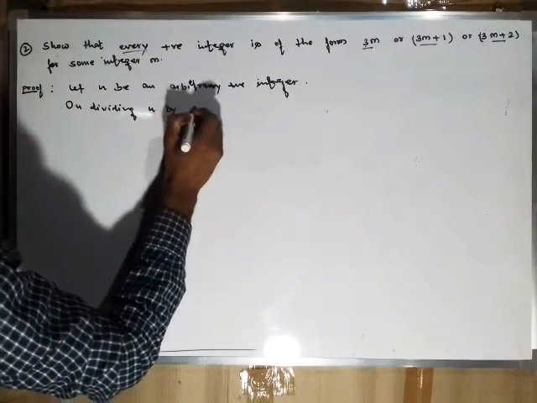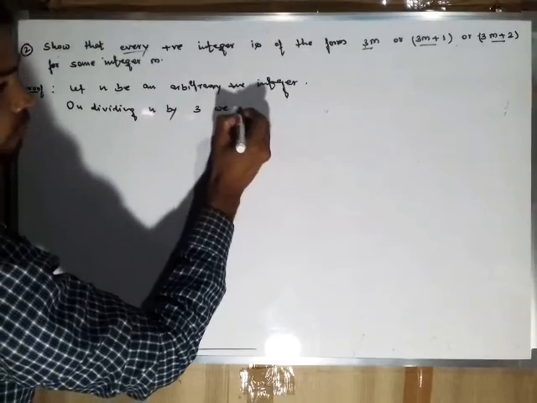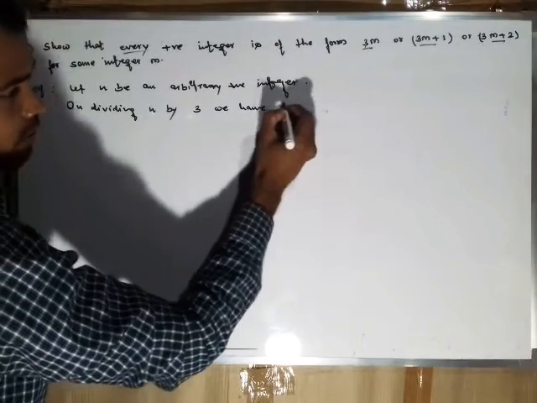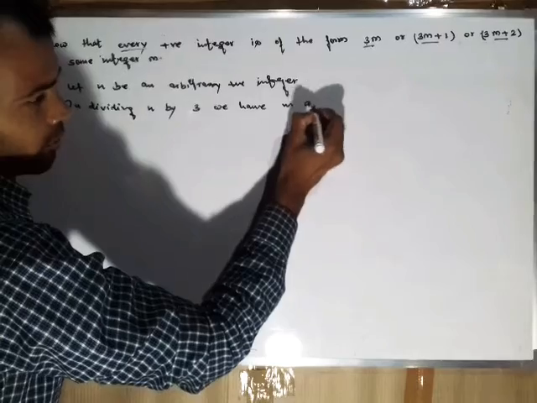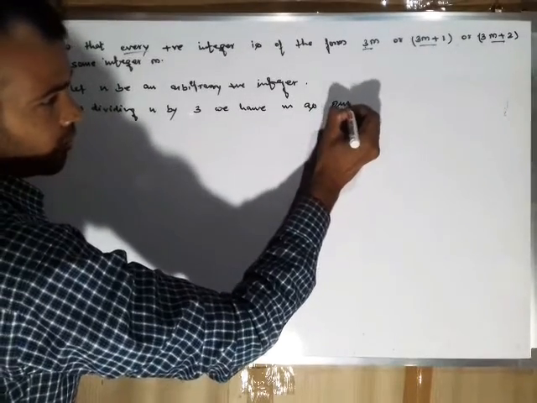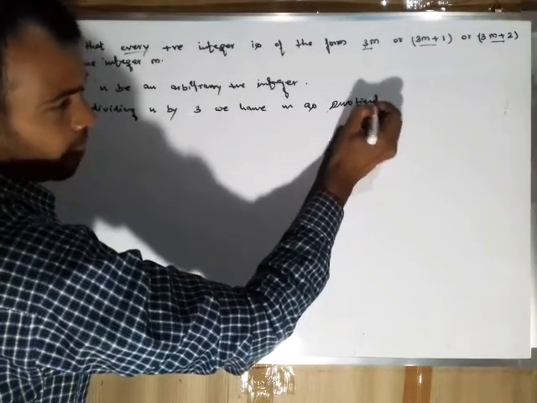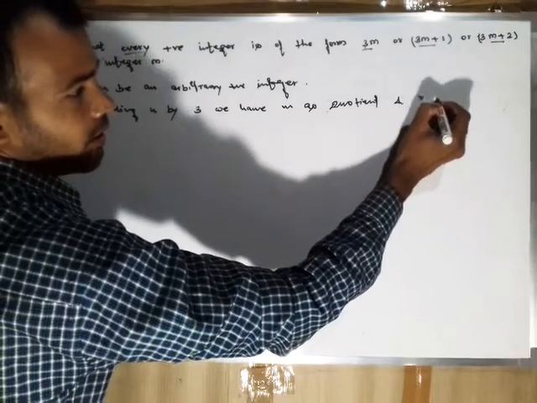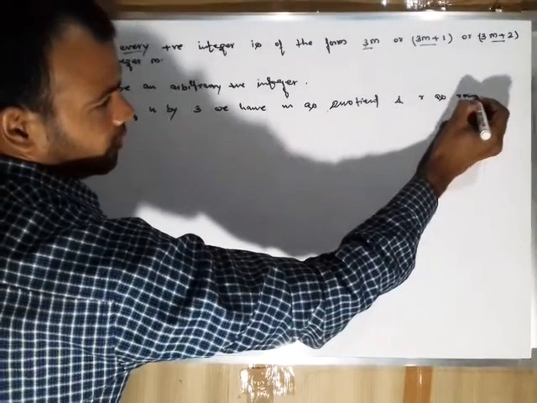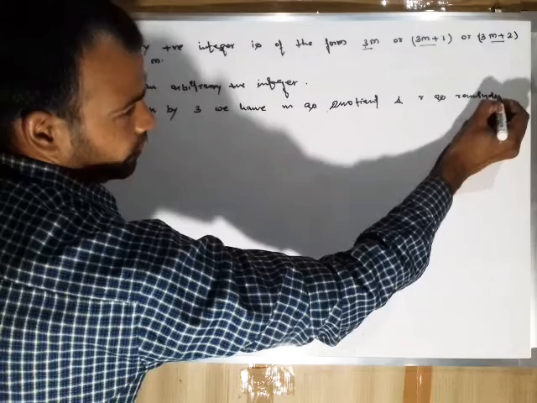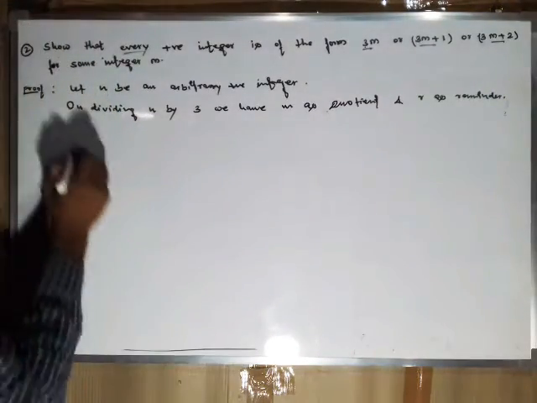Clear? By 3, we have m as quotient and r as remainder. Clear?